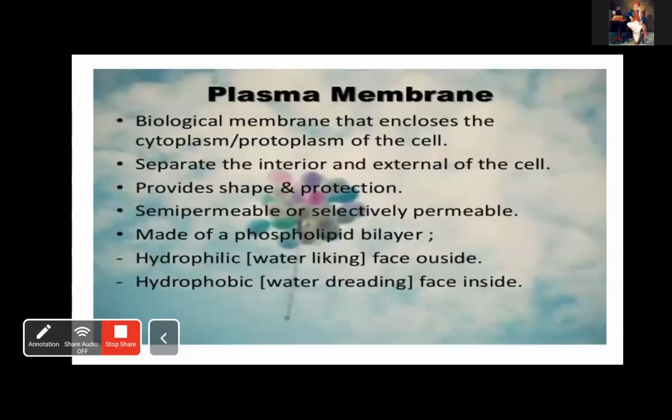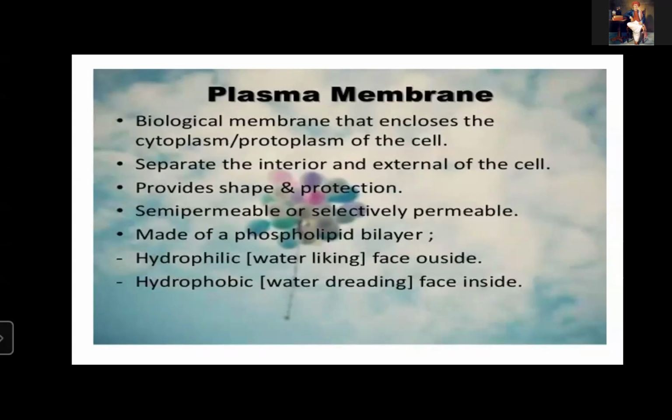Plasma membrane is the biological membrane that encloses the cytoplasm or protoplasm of the cell. It separates the interior and exterior of the cell, and it provides shape and protection to the cell.